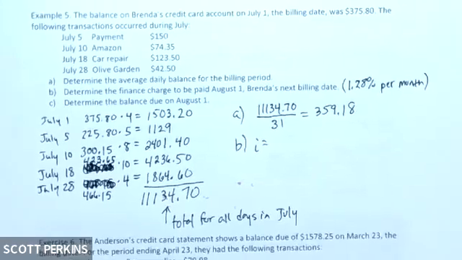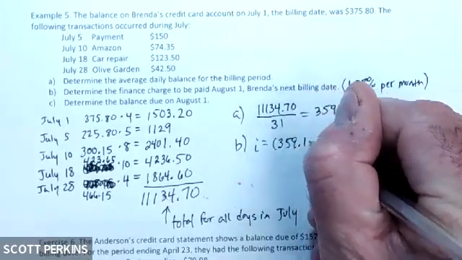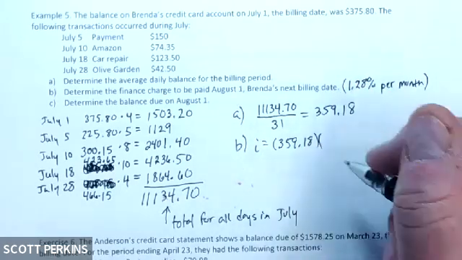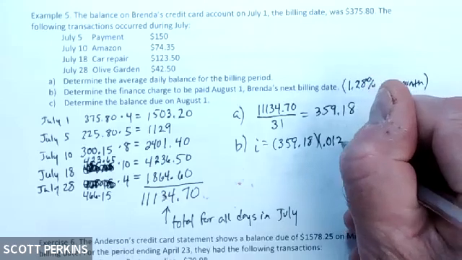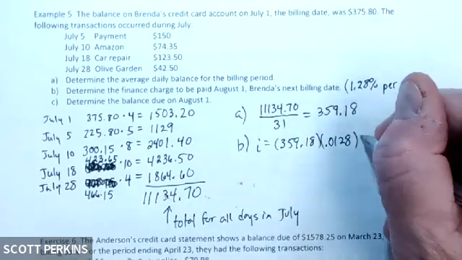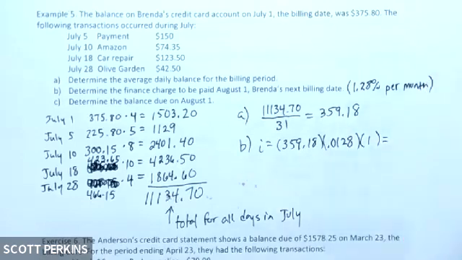So the principal in this case is that average daily balance. The rate I just gave you is 1.28%, so that's 0.0128. And since that's per month, and we want 1 month, there we go, times 1. Yes, I know July has 31 days, but we just count that as 1 month when we're calculating the simple interest.